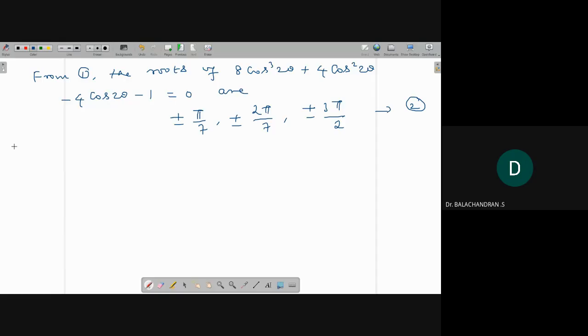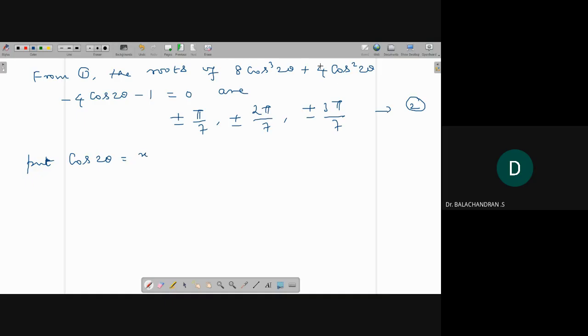Now I'm going to substitute cos 2 theta equal to something, x. Sorry, it's 3 pi by 7, not 3 pi by 2. Okay, thank you. Cos 2 theta equal to x in equation 2.